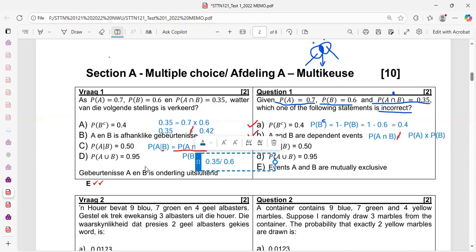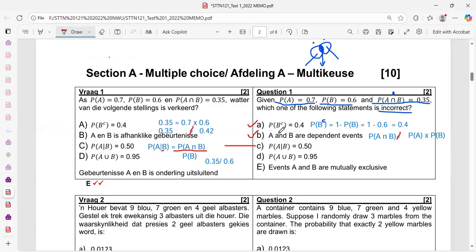We can also get the intersection using 0.7 multiplied by 0.6, which gives 0.42, but here we are already given the intersection. So the answer for the conditional probability, 0.35 divided by 0.6, is about 0.58. But let's check.